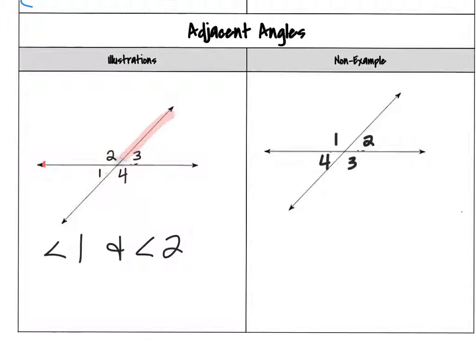So if we look on this line, here's angle 2. It shares a spot with angle 3. Then looking at this line, angle 3 and angle 4 share.